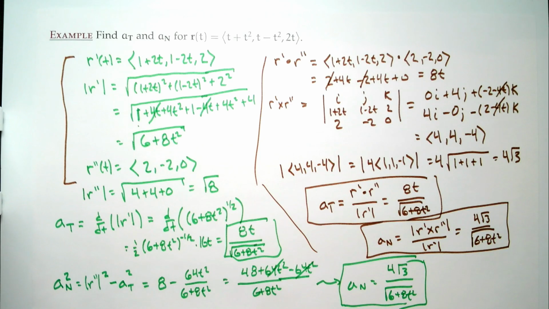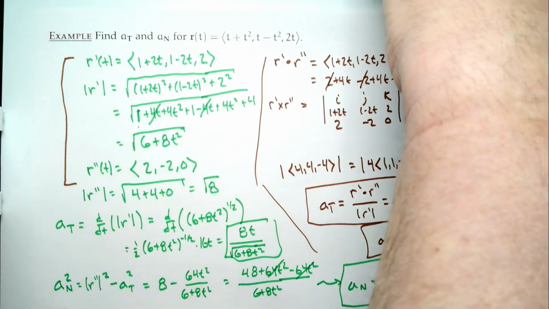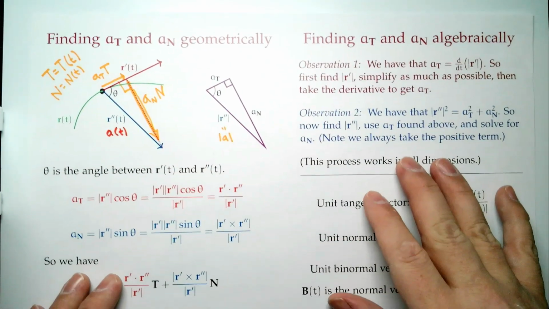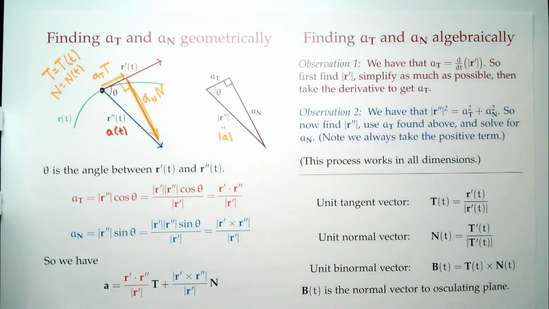All right. Well, okay. So we've done some examples and we're growing more and more convinced that they both work. We have these two ideas, these two approaches, namely the geometric and the algebraic approach. So here they are again, the geometric and the algebraic.